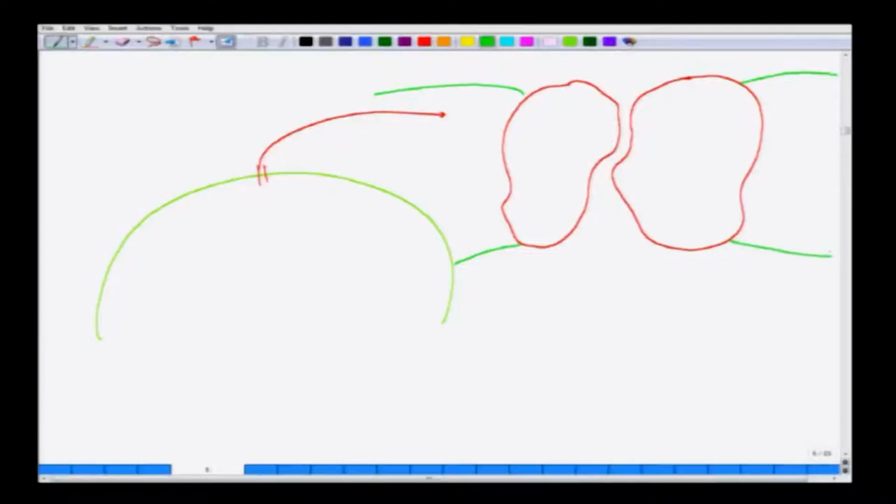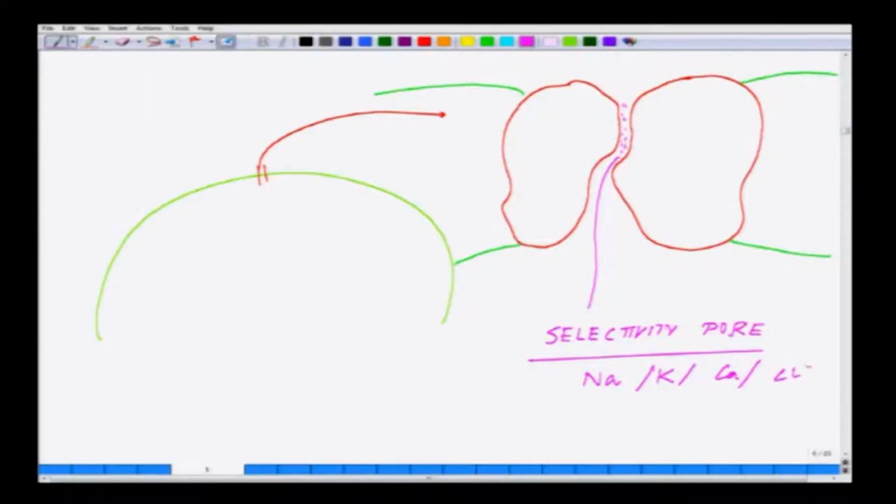Now, you have three features here. You have something called this zone, which is the selectivity pore. This selectivity pore decides whether it will be sodium or potassium or calcium or chloride or whatever. Okay.